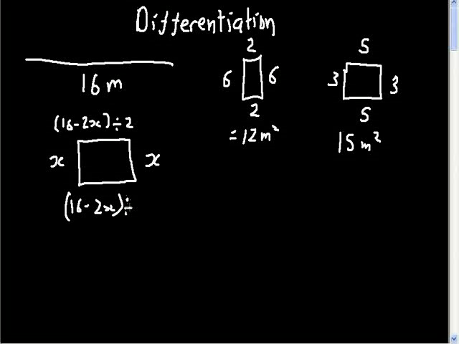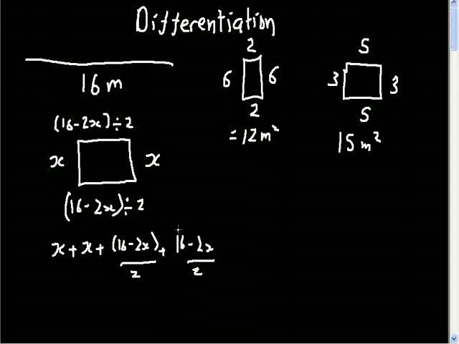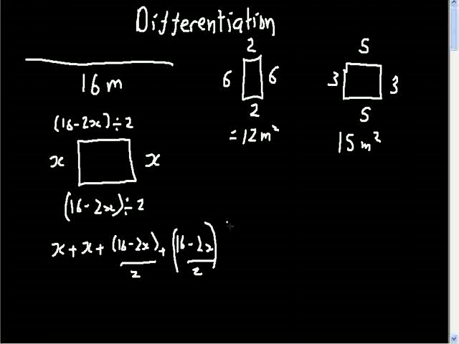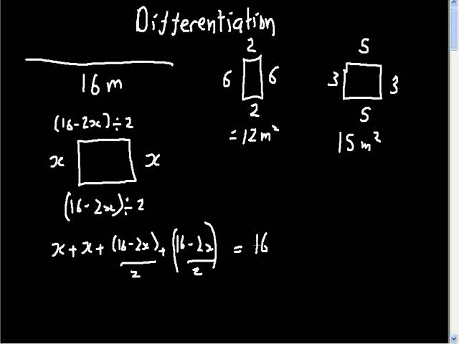So my perimeter would be 16. If I add up each of these sides, that's 2x plus 2 times (16 minus 2x) divided by 2. If I expand the brackets and add all the variables, I just end up with 16. That's the perimeter.